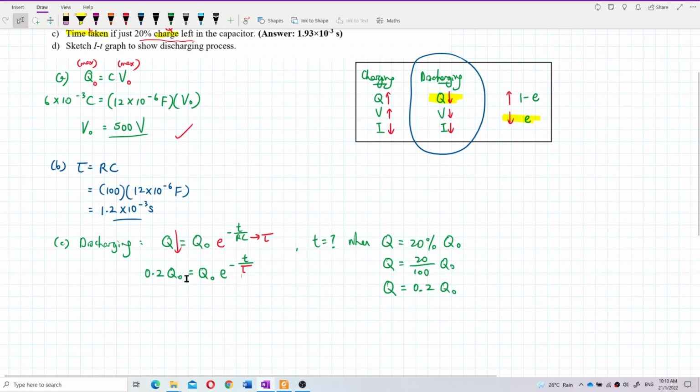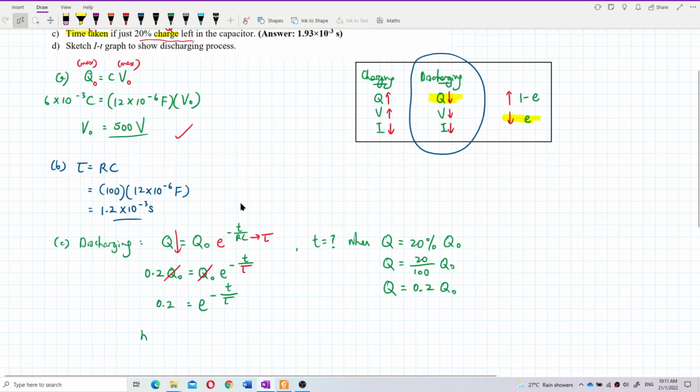Q naught can be cut off because it is common. So 0.2 equals exponent negative T over tau. I just write tau because I want to ln both sides.